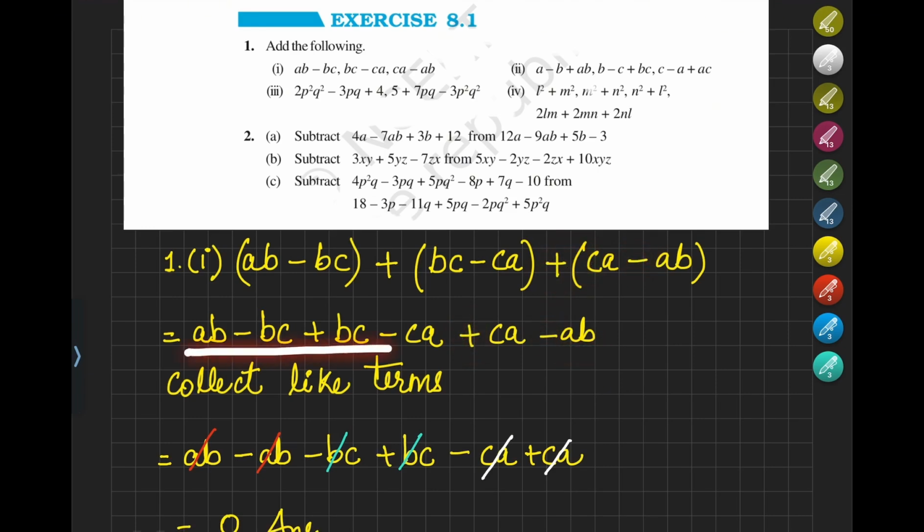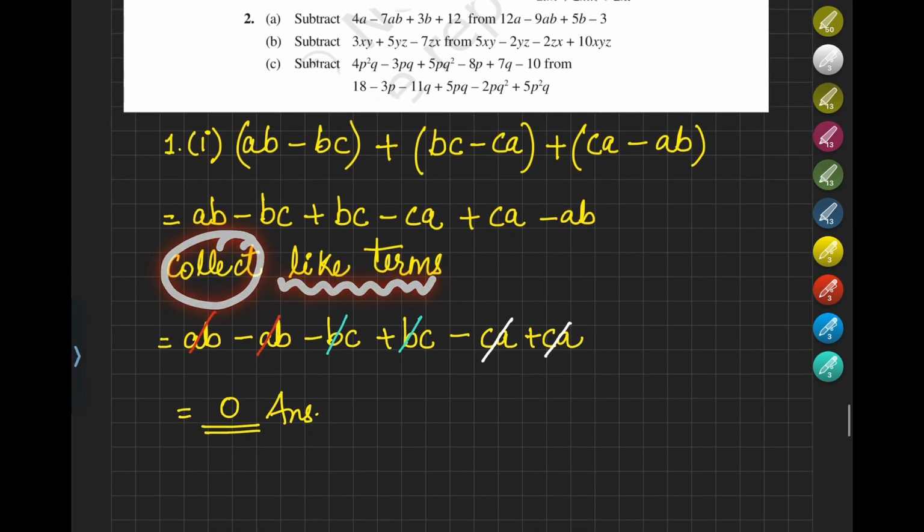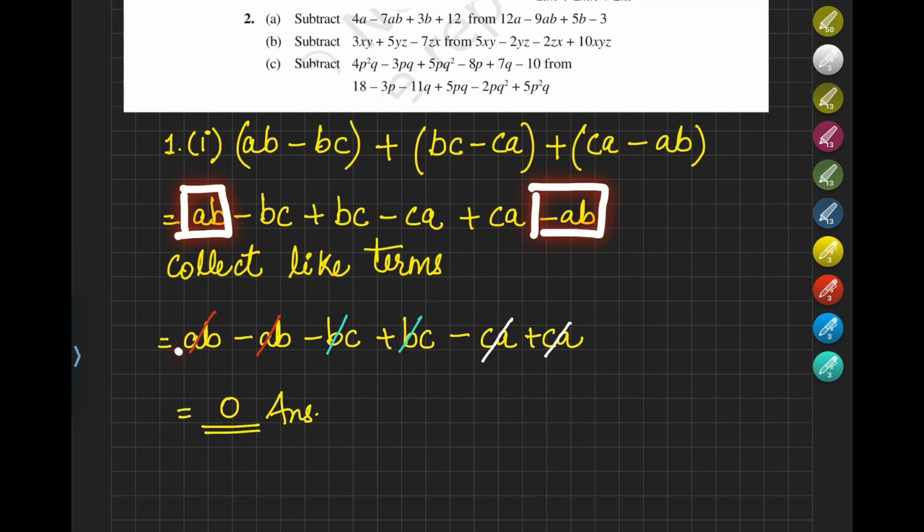Now after opening the bracket, we need to collect the like terms. So let us identify the like terms. ab here and minus ab here. So I have written ab and minus ab together because they are like terms.